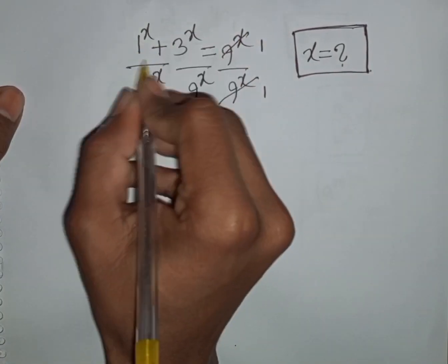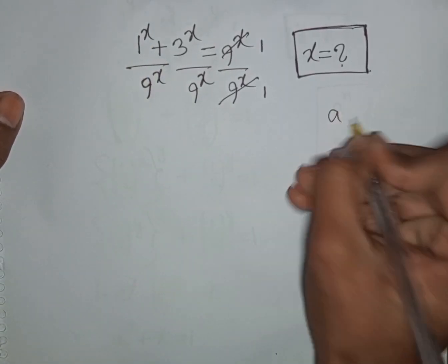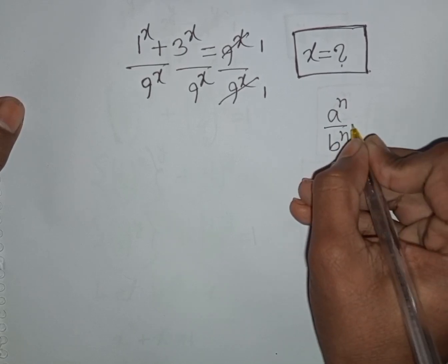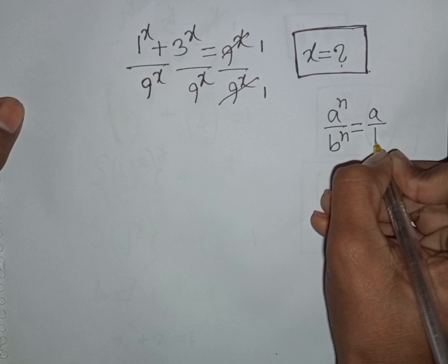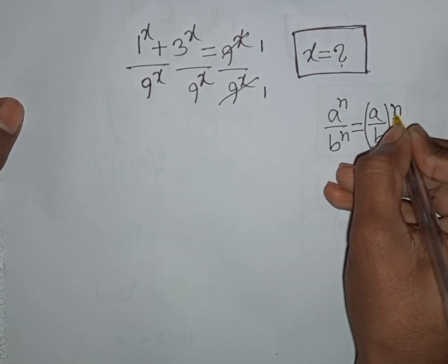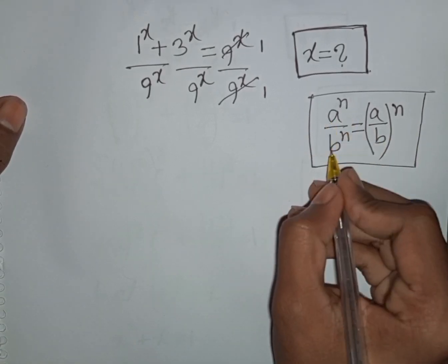Now from here we see x same power but different base. So according to this formula, a power n over b power n is equal to a over b, bracket common power n. That means n same power but different base.